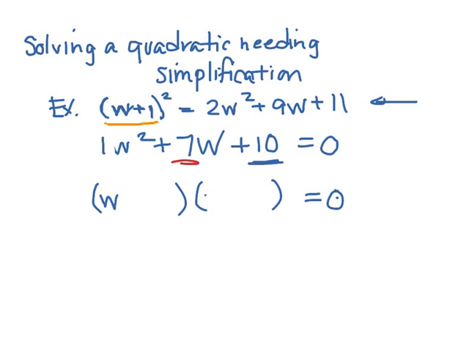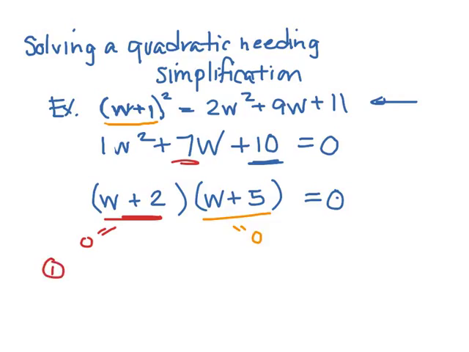So now I know I have w's in both of them, and I have 2 and 5, and they're both positive, so I have a plus 2 and a plus 5. Again, this has to equal 0: w plus 2 has to equal 0, or w plus 5 has to equal 0.